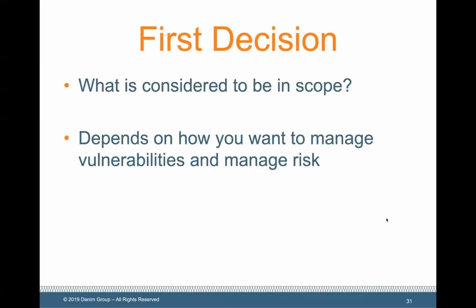So the first decision that you need to make is what's going to be in scope and what's going to be out of scope. And that's something that I've alluded to a little bit. You're probably going to look at software from Microsoft and say, you know what, I'm going to trust the Microsoft security development lifecycle. When a new version of Microsoft Word comes out, I don't need to go fuzzing Microsoft Word, right?